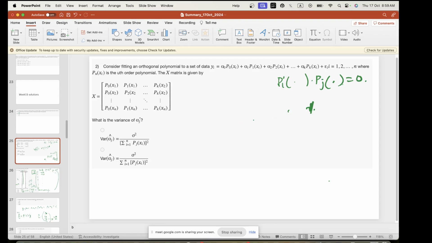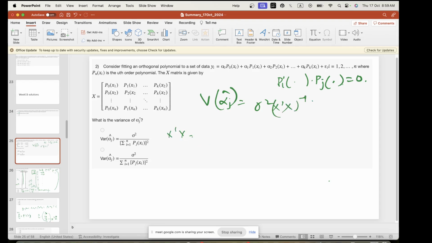So variance of alpha j hat, this we know, is sigma square (X prime X) inverse.